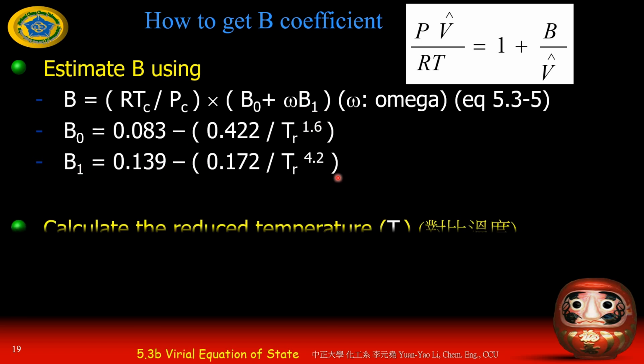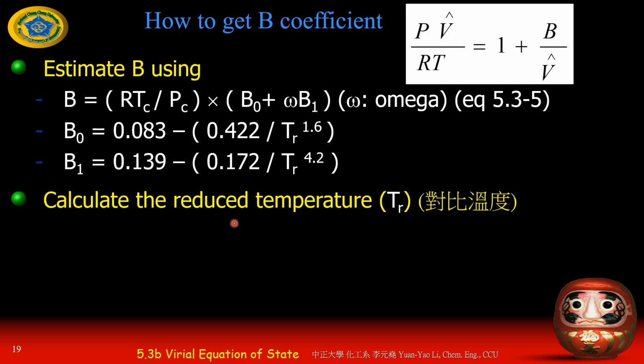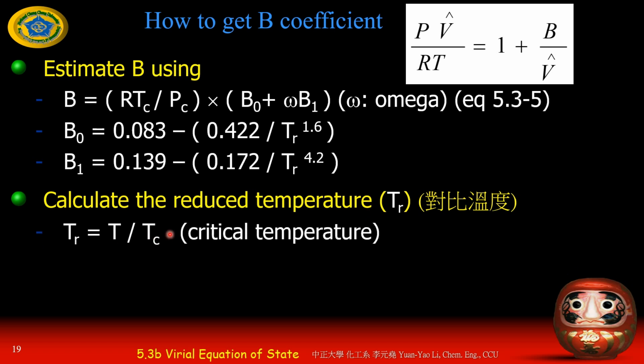So what is TR? TR is what we call reduced temperature. This is a dimensionless quantity. Reduced temperature means the temperature divided by Tc. You know what is Tc? Tc is the critical temperature, right? So TR is the reduced temperature, which is T, the temperature, divided by the critical temperature.